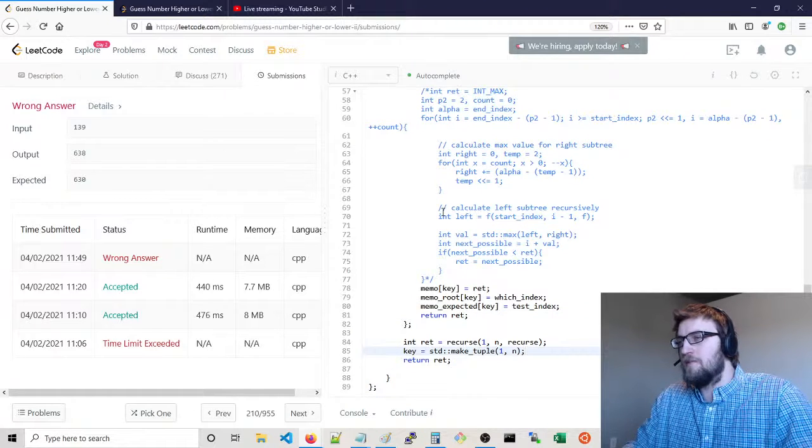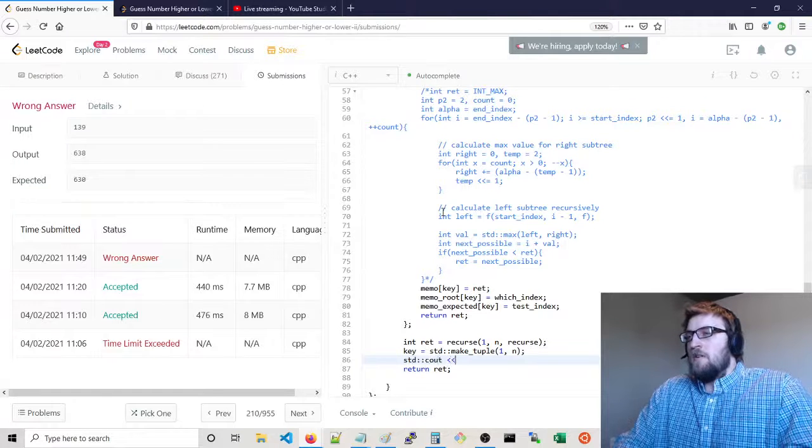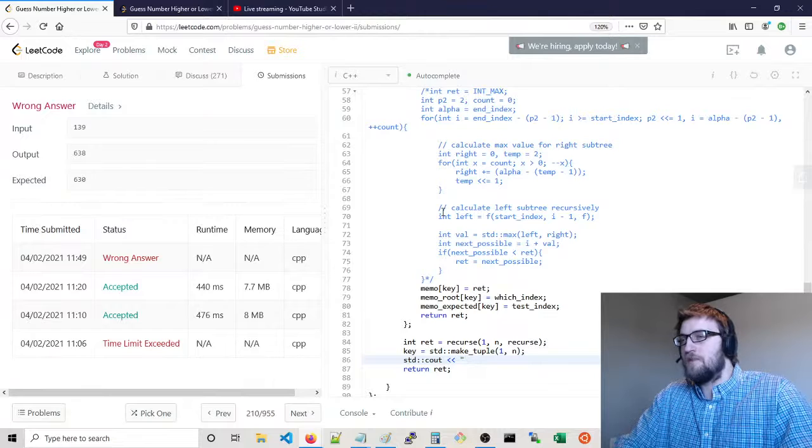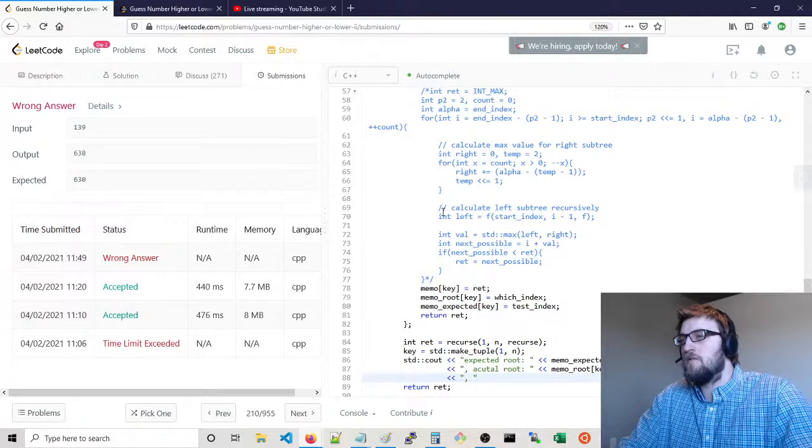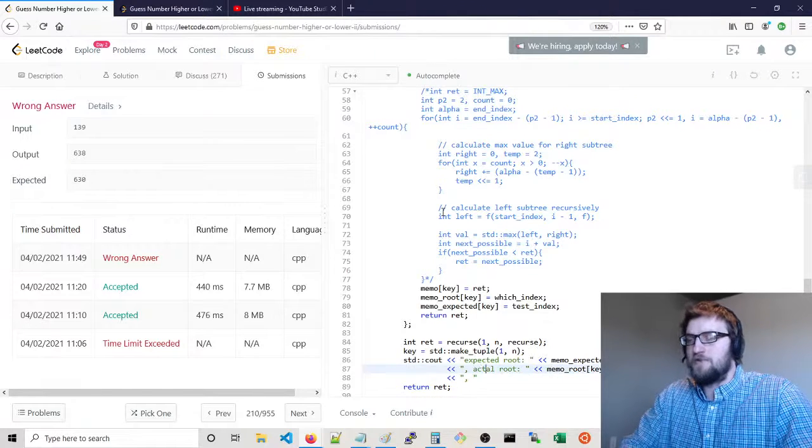So we want to say expected root, actual root, actual value.